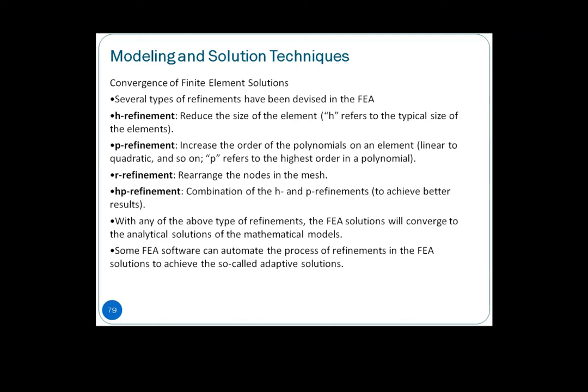So what other things can we do, besides increasing the number of elements or reducing the size of the element? We can also increase the order of our so-called functions, from linear to quadratic. If you are at a higher order, then you have better accuracy.